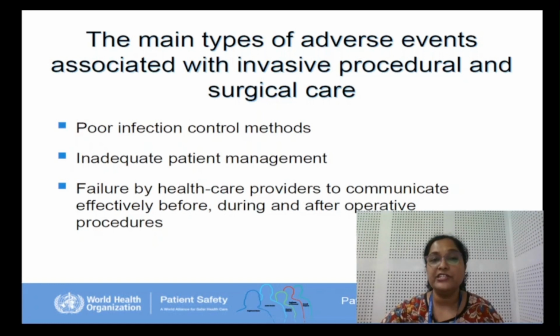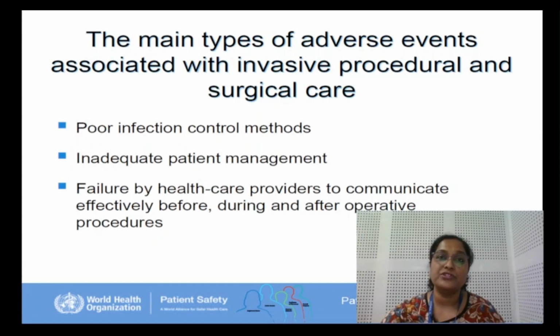Poor availability of resources such as manpower, equipment, supplies, failure to use evidence-based methods, overworked staff, burdened wards, burdened ICUs, and frequently immunocompromised patients. All of these things come together and result in compromise in patient safety.